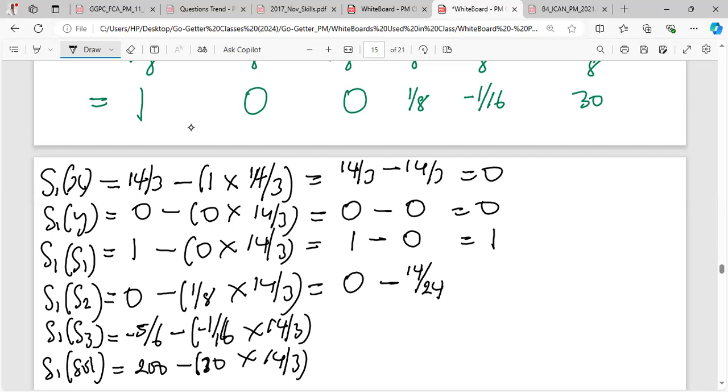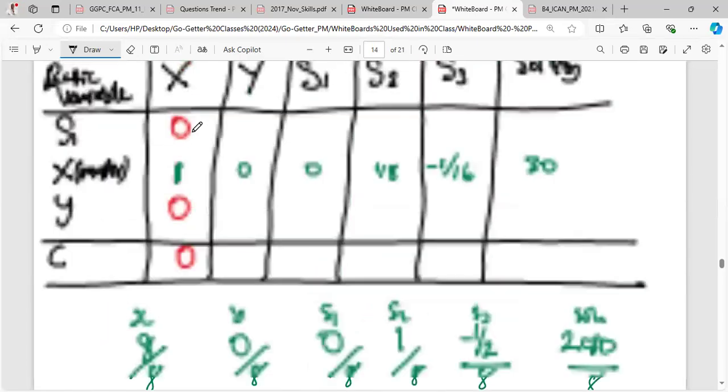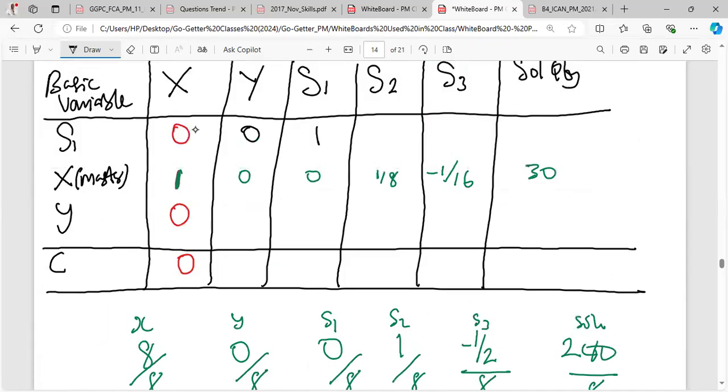So 0 minus this is going to give me the same thing. 14 over 24 is minus 14 over 24. To simplify further, it's going to give me minus 7 over 12.